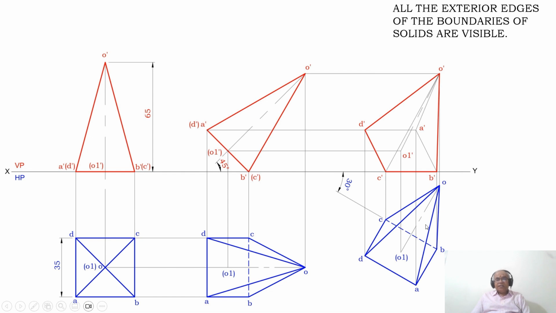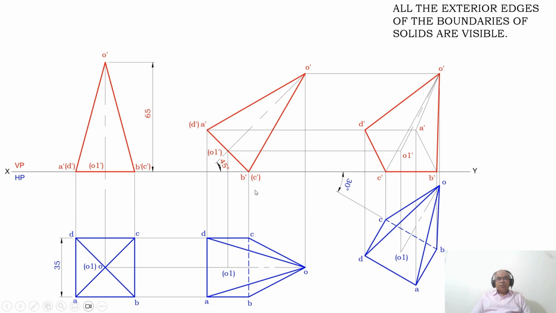Once you do that, you join O to A, O to B, O to C and O to D with dark lines. So we are rewriting the same sketch such that we rotate the line BC by an angle of 30 degrees with reference to the XY line.